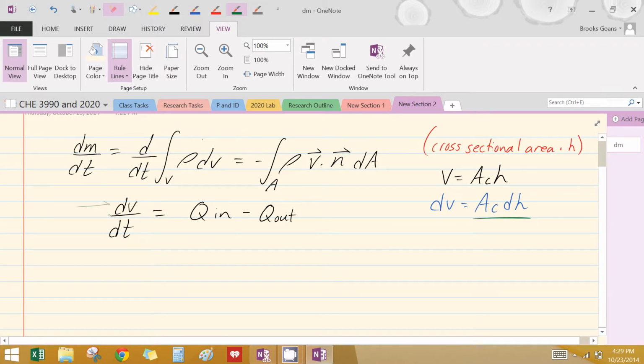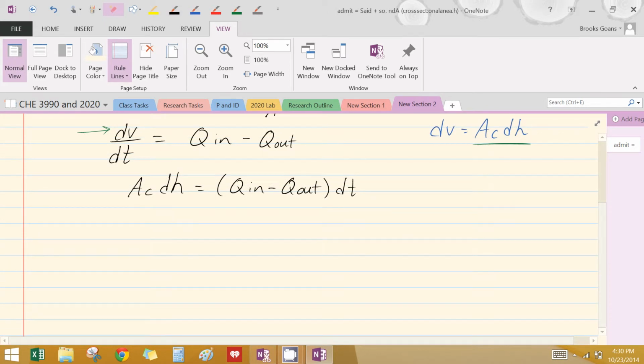Now plugging that in for dV on the left side of our equation, you have the cross-sectional area times dh is equal to flow in minus flow out, dt. We just multiplied dt on both sides, and it canceled on the left-hand side. Then we took the integral of both sides.